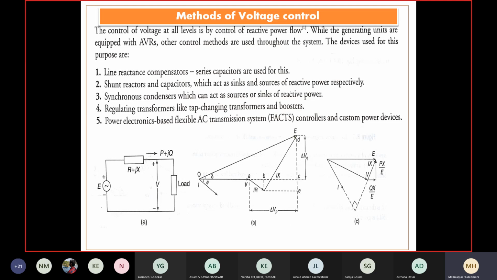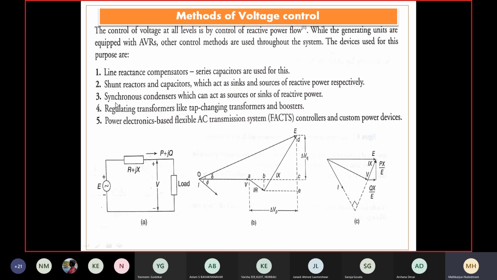Hence, the balancing of that leading volt ampere has to happen from inductors only. Hence, inductor and capacitor have to be part of the compensation system. The second method says use of shunt reactor and capacitor, which act as a sink or source, so reactive compensation has to be applied.